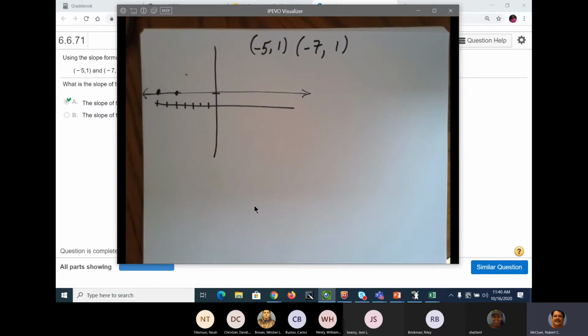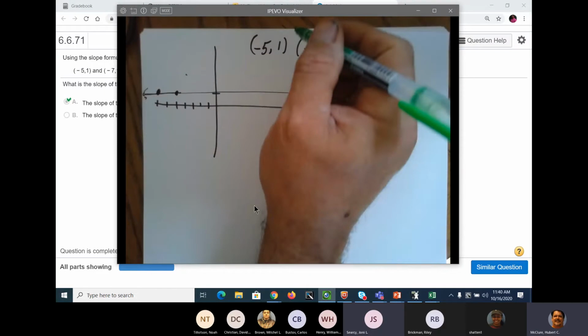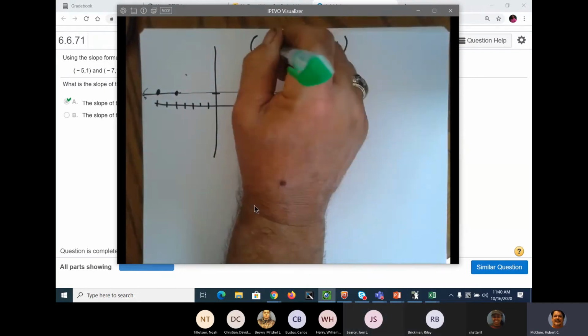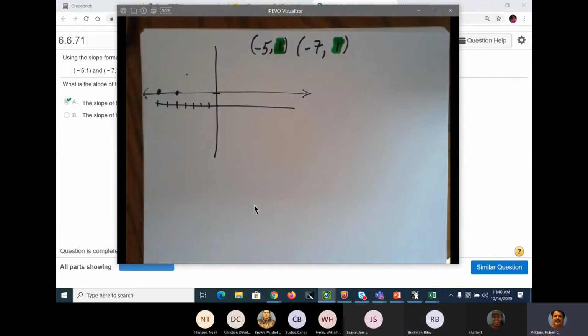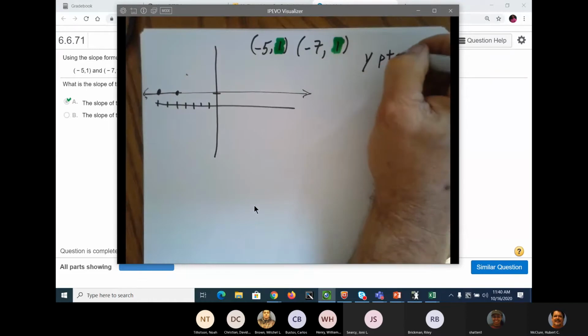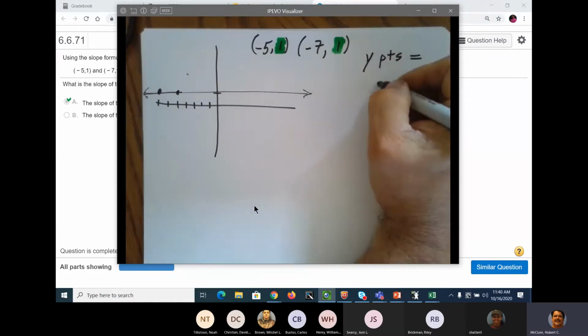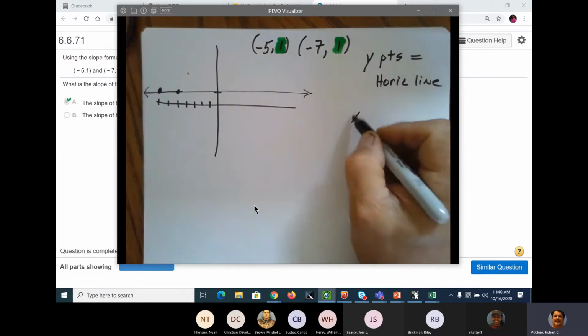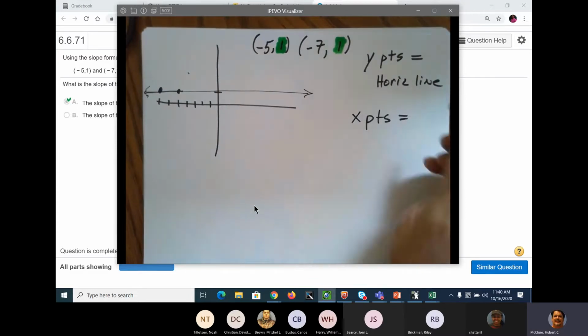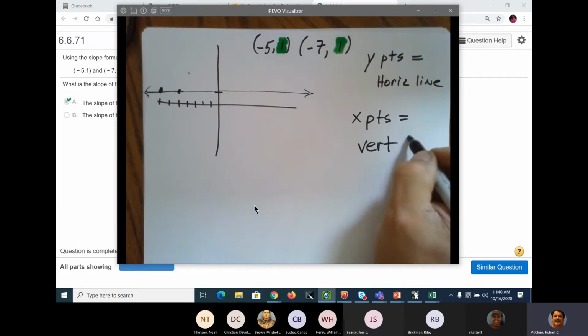But what if you didn't graph it? What tells you that it's a horizontal line? They're both negative numbers. No, but you're close. The y's are what? They're the same. When you got y points that are equal, if the y points are equal, you've got a horizontal line. If the x points are equal, you've got a what? A vertical line.